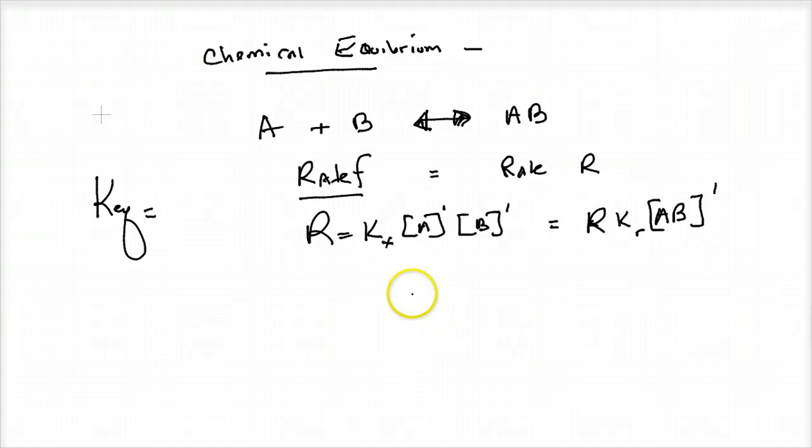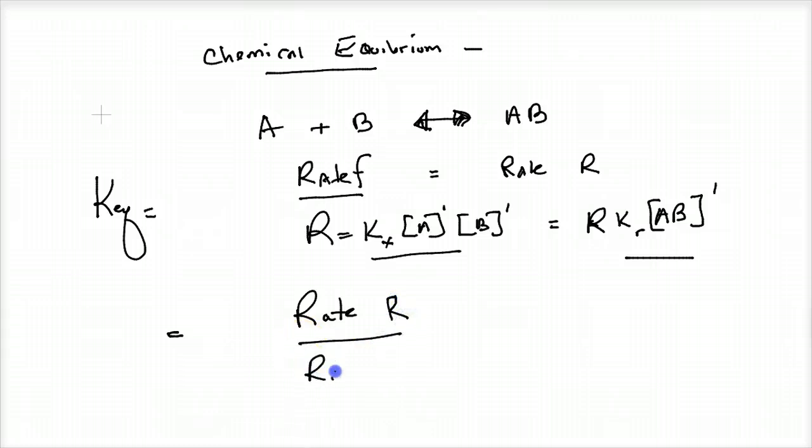And so, gosh darn it, these values are equal to each other. So what they do for K equilibrium, to see who's favored, they put the rate of the forward, of the reverse, I'm sorry, over the rate of the forward. And what you get is something called law of mass action.